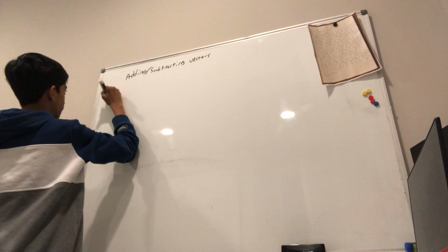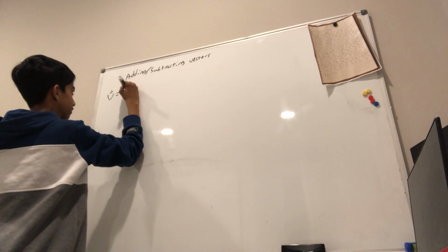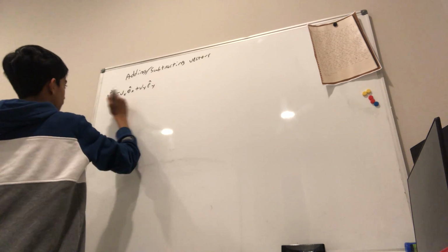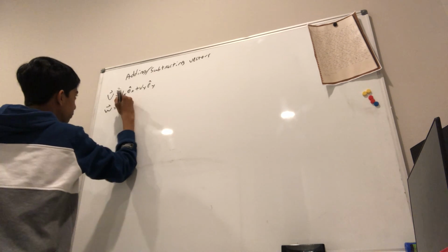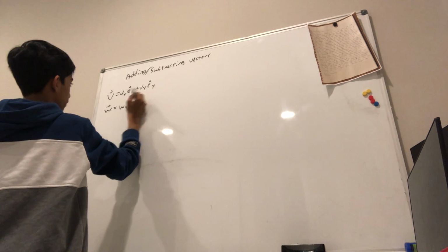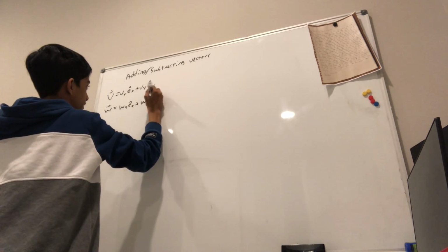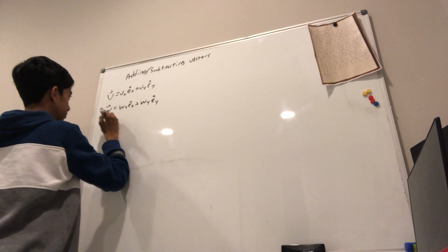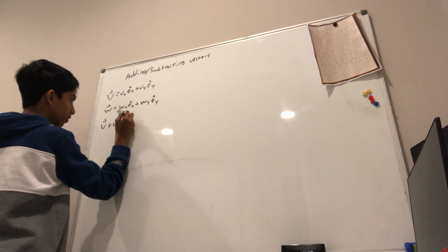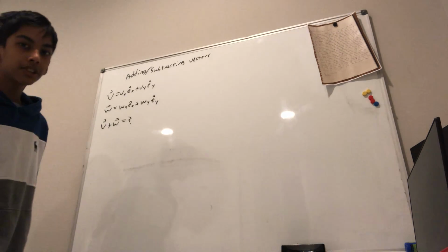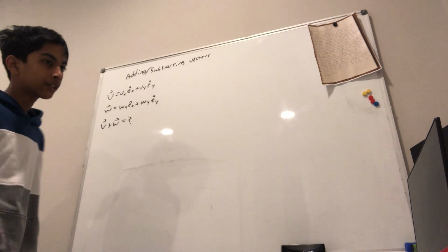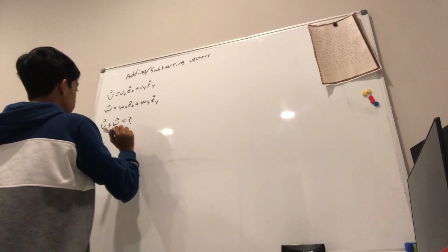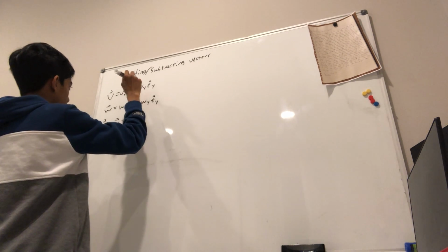So let's say we have a vector v equal to vx e hat x plus vy e hat y, and another vector w equal to wx e hat x plus wy e hat y. What exactly would it be if we were to add these two vectors together? Well, adding these vectors is as simple as doing basic algebra, which would just be substituting the values for vector v and vector w.